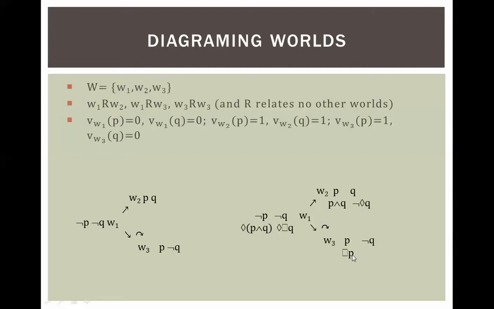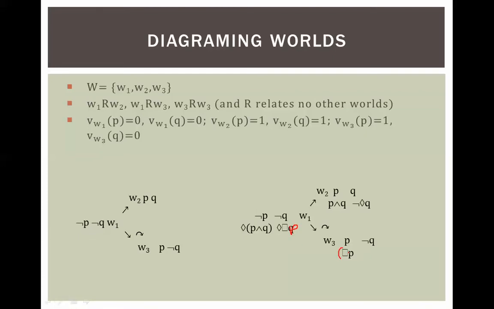Now since necessarily P is true down here, and W1 accesses that, there is some world that W1 accesses where necessarily P is true, so possibly necessarily Q, that should be, sorry, necessarily P is true. Let's change that. Possibly necessarily P is true.